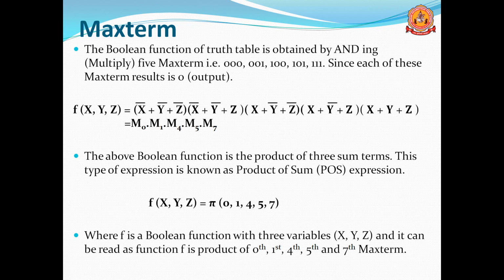It can be read as: f is the product of the 0th, 1st, 4th, 5th and 7th max terms. We are using 5 max terms. It's a product of all these 5 sum terms. That is a product of sums, or POS, expression.